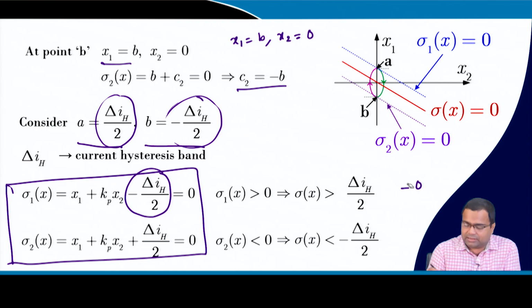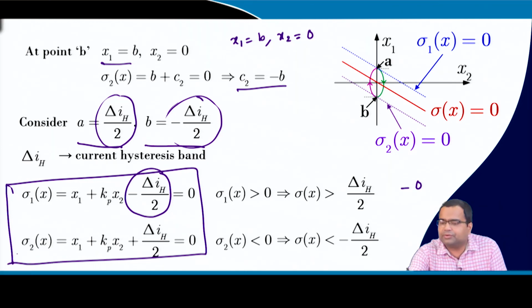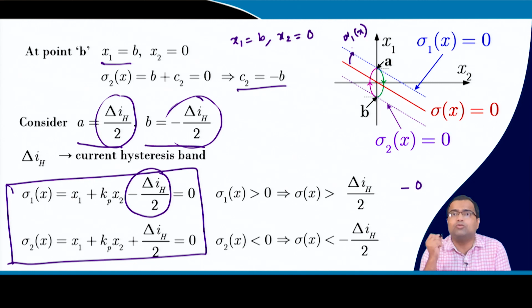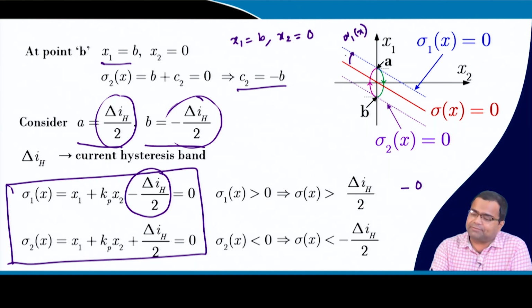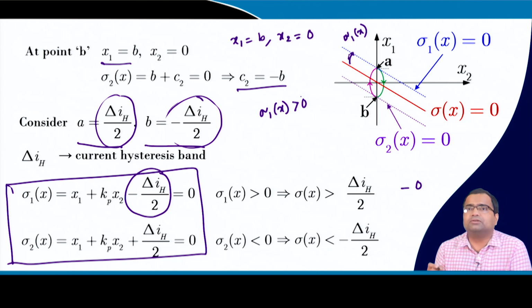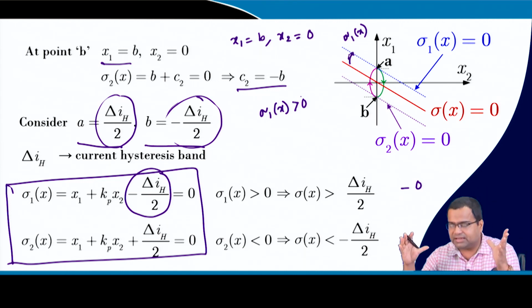You can see what the requirement is: if the trajectory crosses this, that means when sigma 1x is greater than 0, then we should turn off the switch, right.